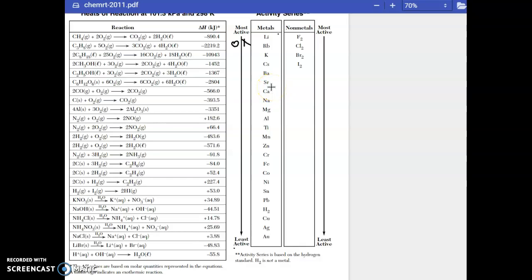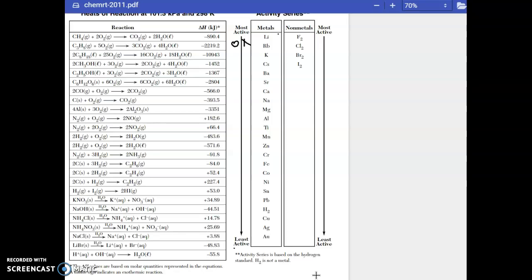And the less active metals are going closer to the transition metals, and they're not as intense on losing their electrons right away. So we're going to say that the lower you go on the activity series, the less likely you are to be oxidized. You're not nearly as in need to give up your electrons, which makes you more easily reduced.